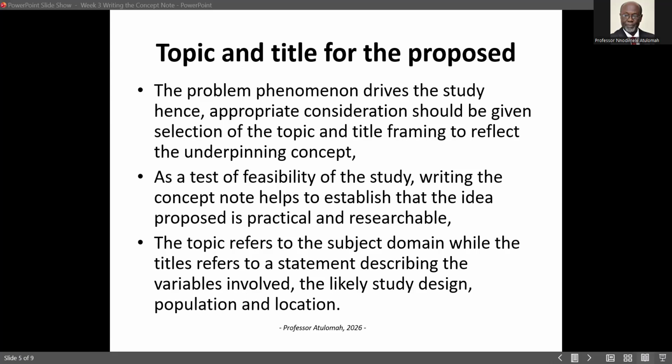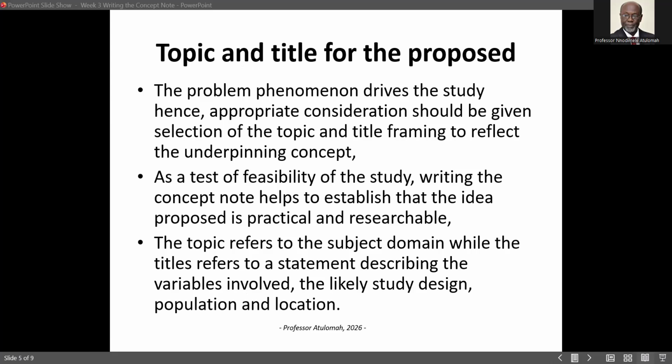Now, as a test of feasibility of the study, writing the concept note helps to establish what the idea proposed is, and whether the idea proposed is practical and researchable. Feasibility means: is this project likely to conclude properly as expected? If it is, then it is feasible.